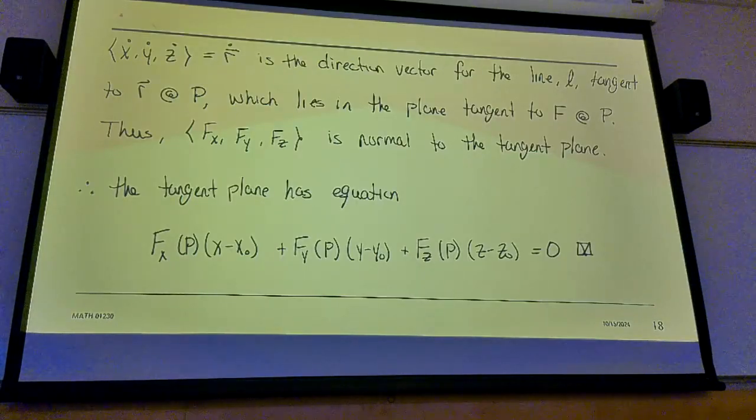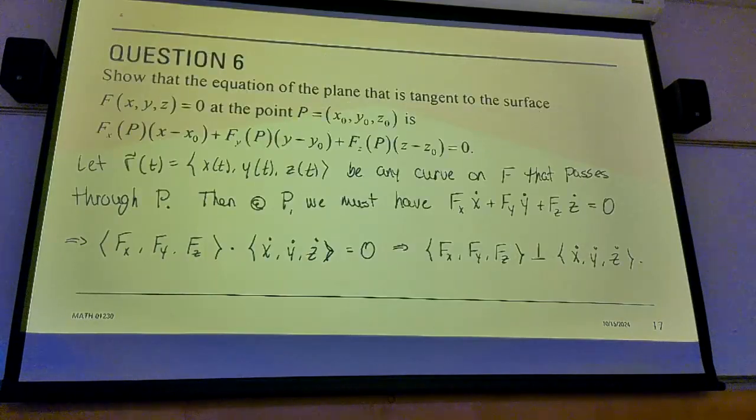Could you go through this one again? I'm a little lost. So pick an arbitrary curve. Right. It's on F, it's passing through P. Right, so just pick a curve. Its derivative. I'm skipping ahead.